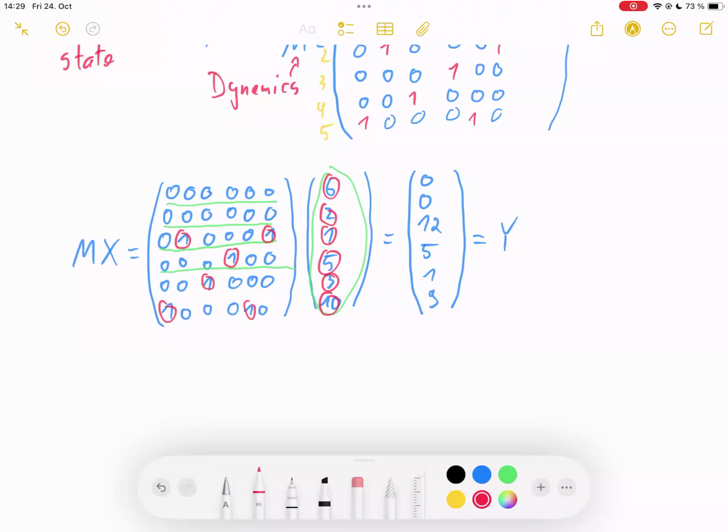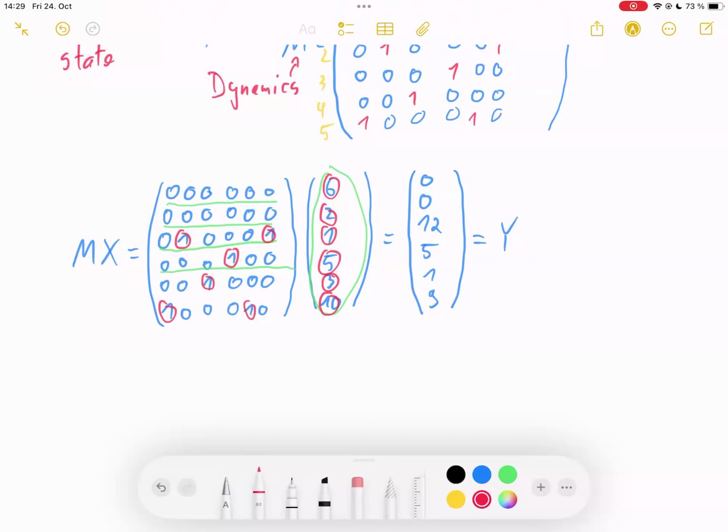This was the beginning of deterministic systems, and there are a couple of notes in the slides that we will look at later. Everything I've said so far is in the slides as well.